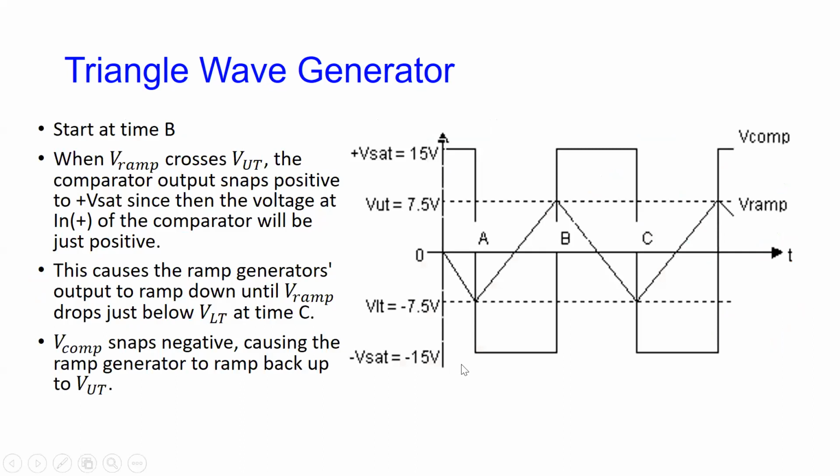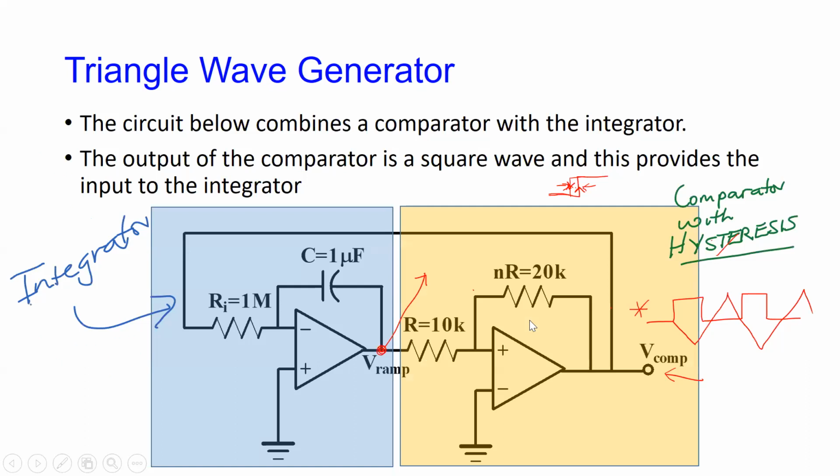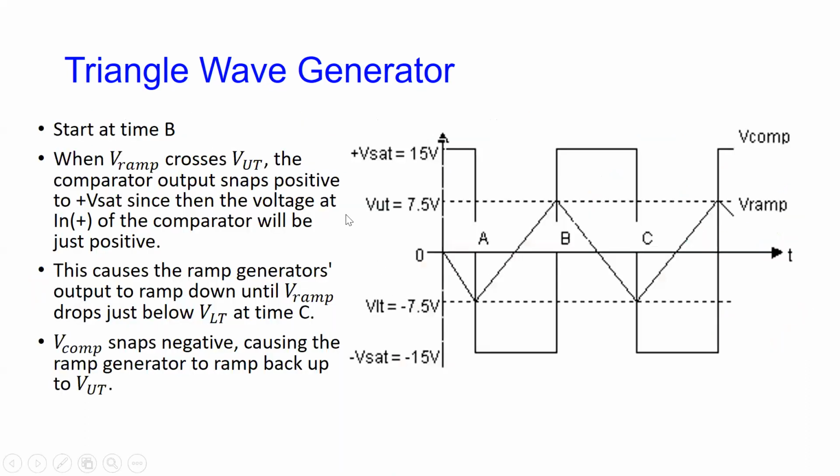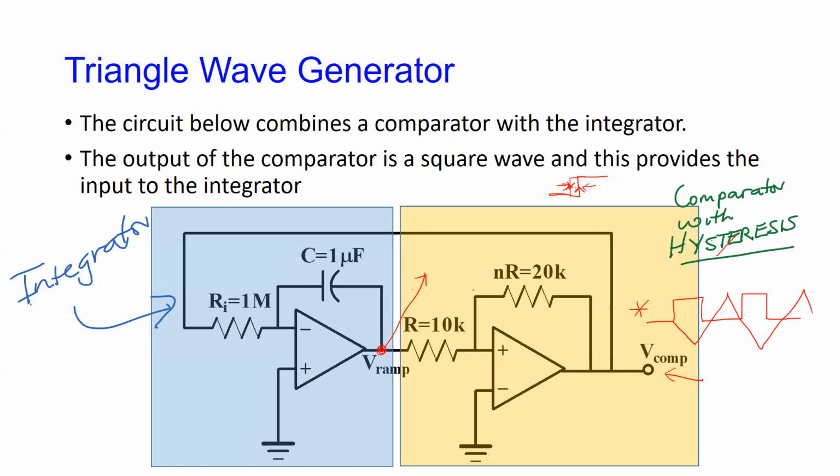And if you look at it here, so what happens? Let's assume that we start at some time B. When this signal here, which is the ramp signal, crosses, we have time B here. As soon as the output of that crosses the reference voltage of the comparator, the comparator immediately switches.